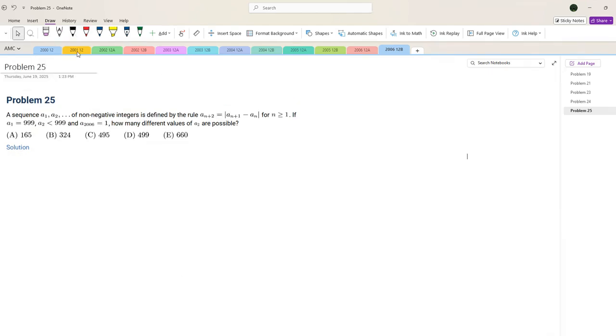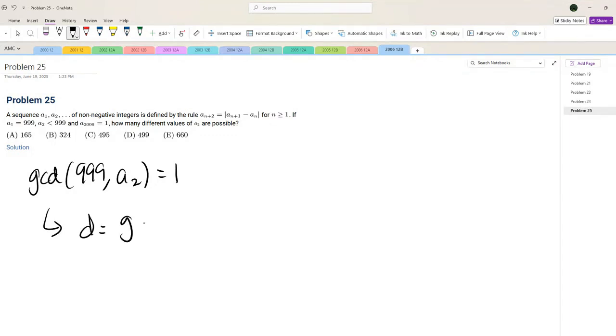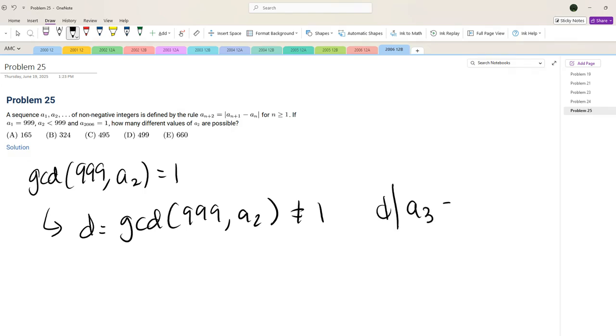To solve this problem, let's begin by showing that the GCD of 999 and A2 must be equal to 1. We can use a proof by contradiction. So if we assume that D equals the GCD of 999 and A2 and it's not equal to 1, that means that D divides A3, since that's equal to the absolute value of A2 minus 999.